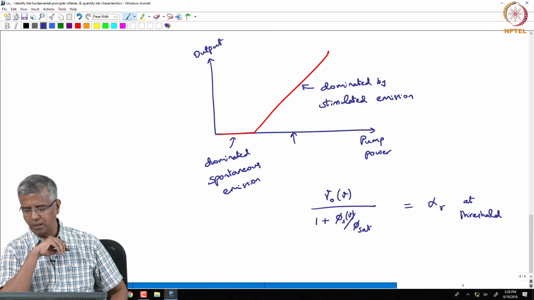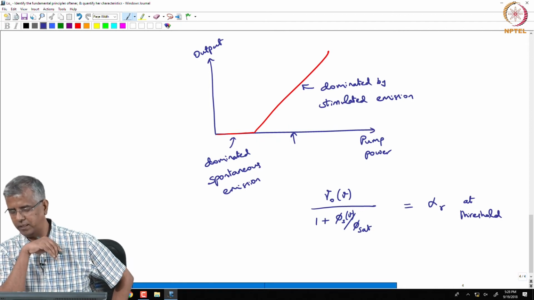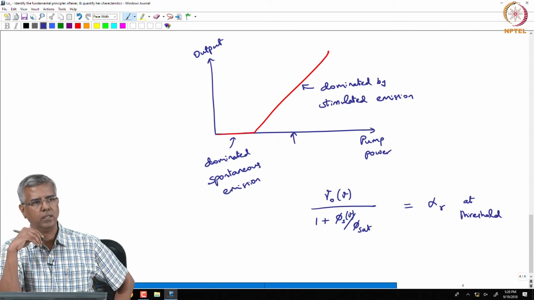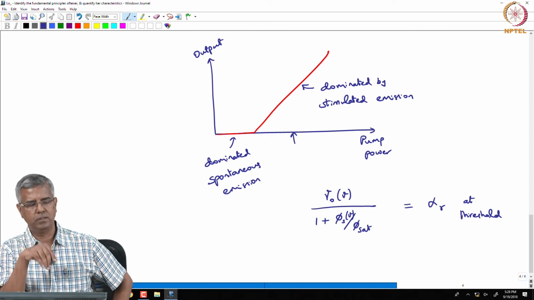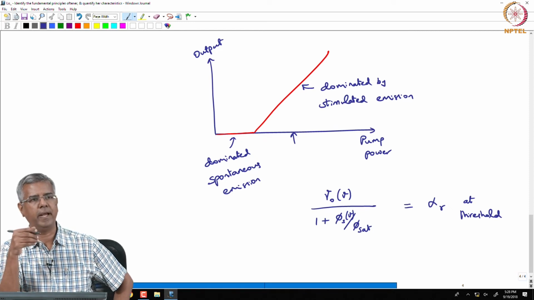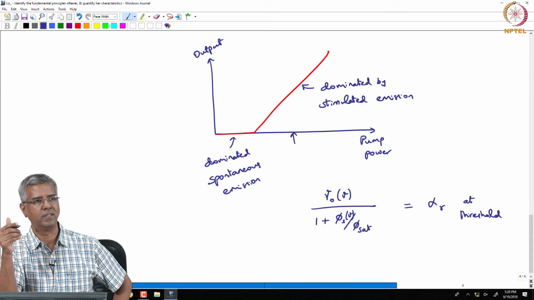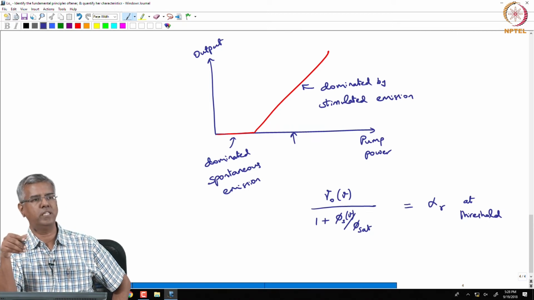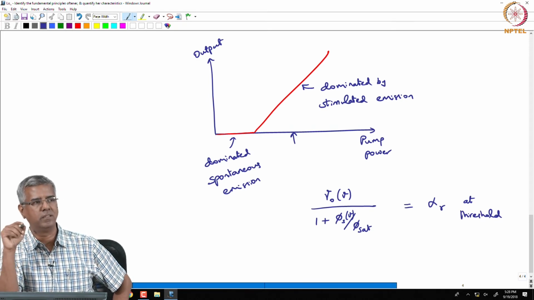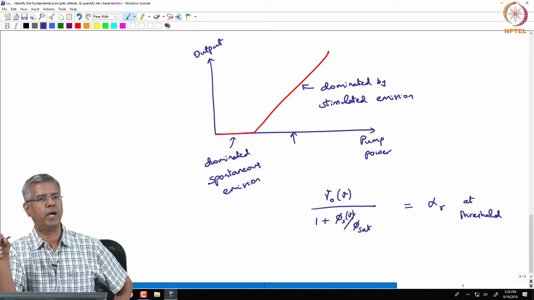Okay. And I say it has to be equal to alpha r at threshold, but in the picture that we showed, even though you are pumping at a higher rate, even though you actually have your small signal gain greater than alpha r, through the process of saturation, you are going to get eventually clamped at a point where your saturated gain is equal to alpha r.